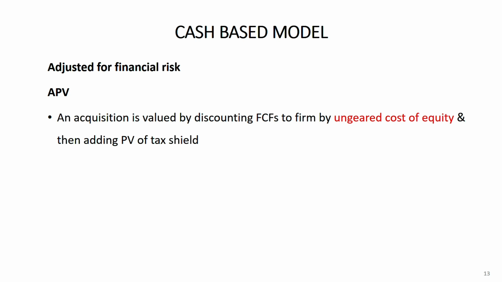Otherwise, we would have taken WACC, but no. Whenever adjusted present value comes, whether under your investment appraisal, in your net present value, or in your acquisition, you always have to use cost of equity, because we are assuming it is all equity financed, and then we are adding the present value of tax shield.